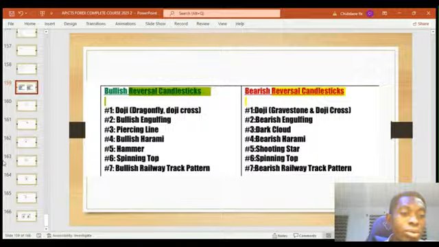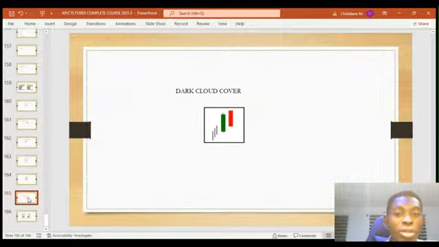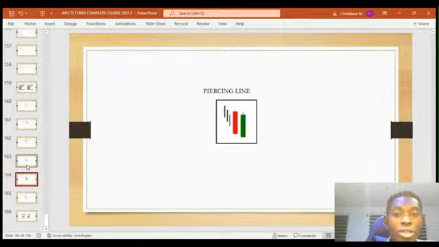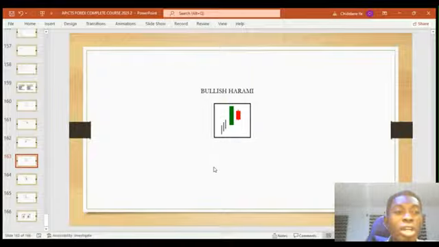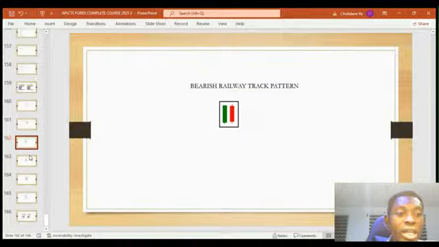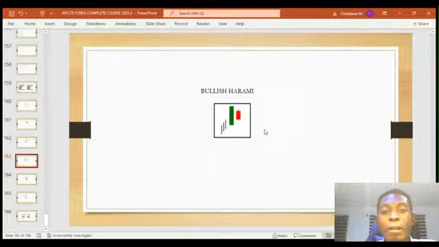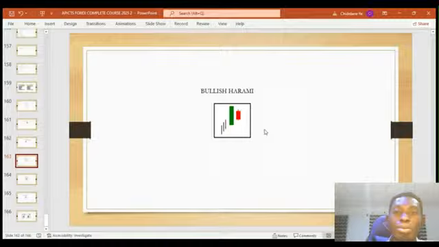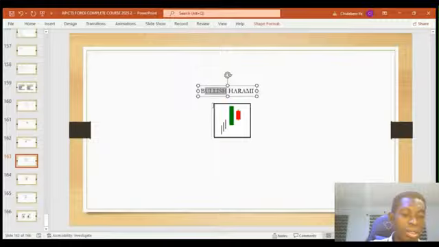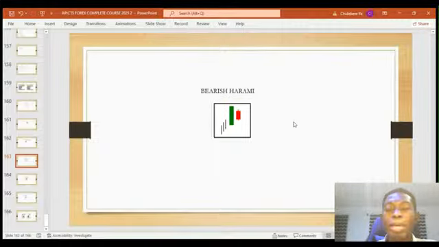I think I have an example here. Let me check. Yeah. So here is a bullish harami. And this is supposed to be a bearish harami. So basically, market is buying, buying, buying.